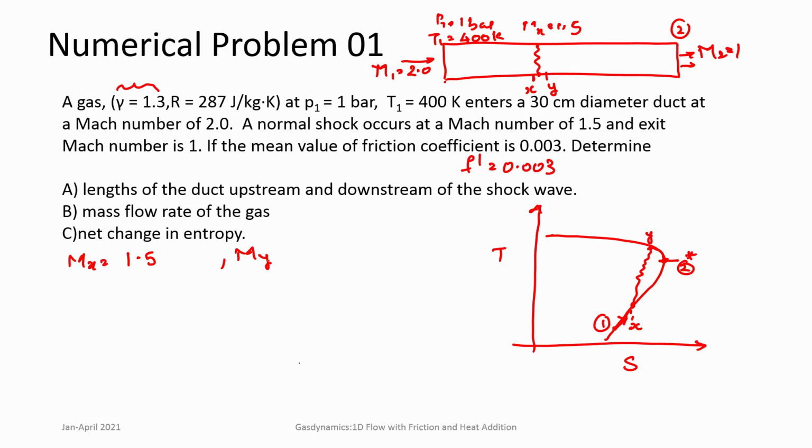But please make sure that you change gamma to 1.3. The pressure ratio across the shock, Py by Px, is 2.413, Ty by Tx is 1.247, and P0y by P0x is 0.926, and we know M1 is 2. So, how do we proceed from here?